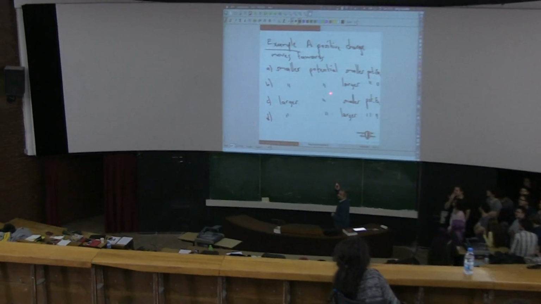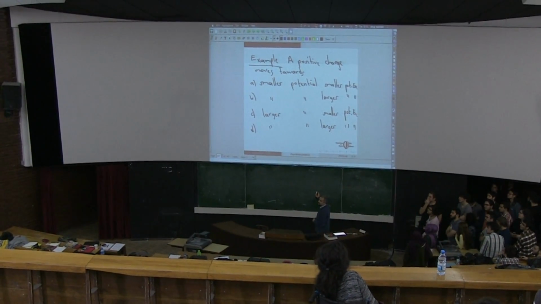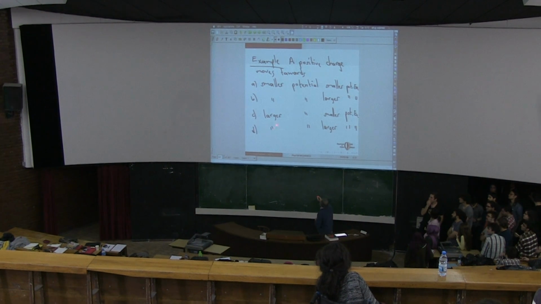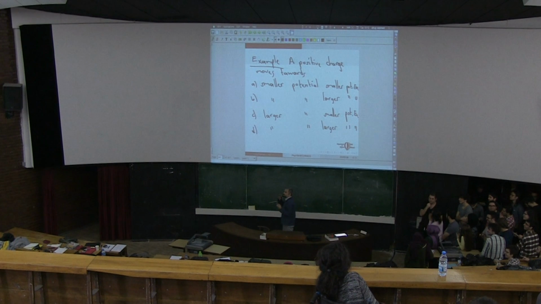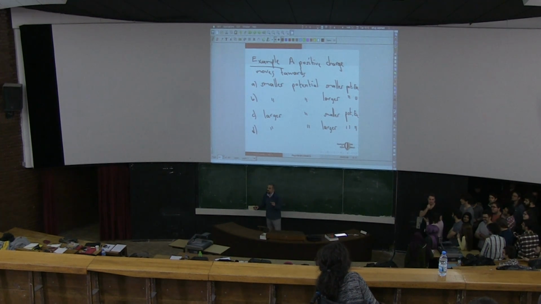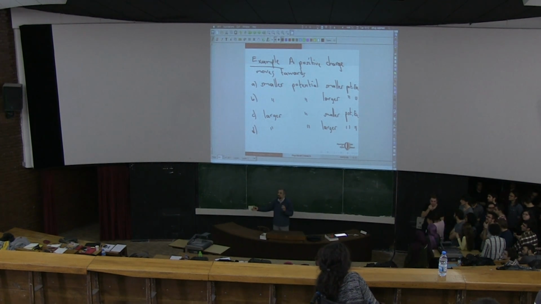So you are also saying that it goes towards smaller potential. But you just said that it's moving from the positive plate to the negative plate. The positive plate has larger potential. That is what you said, no? So it is moving towards the smaller potential region.